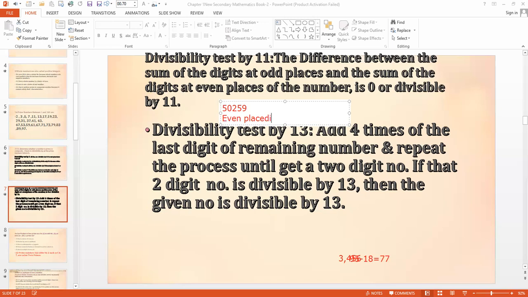Here we are not taking even numbers, we just take the digits that are at even places. Just where I have to move the cursor.